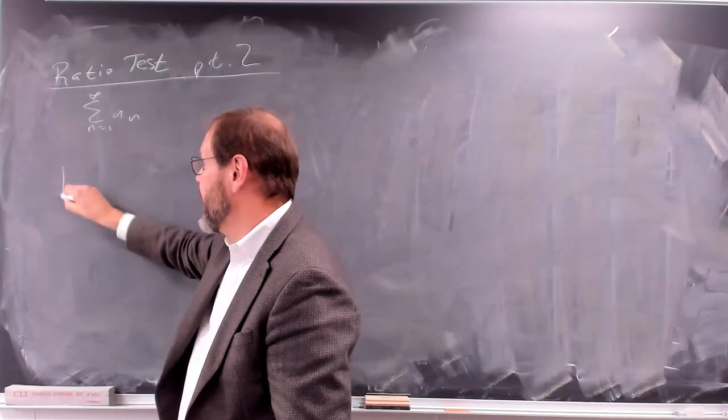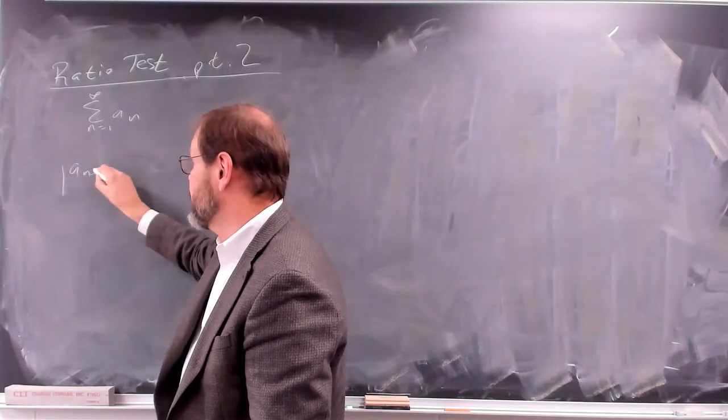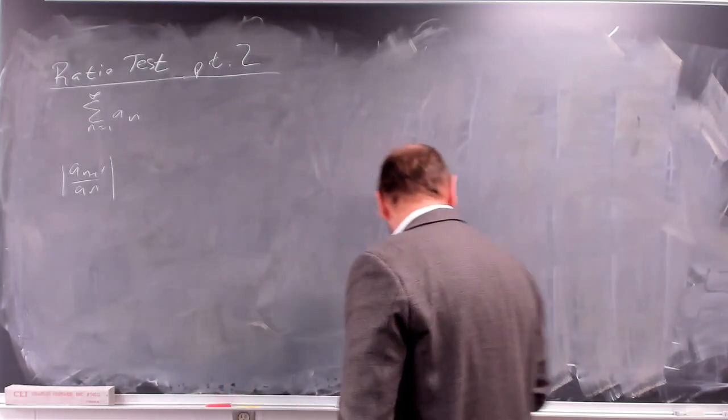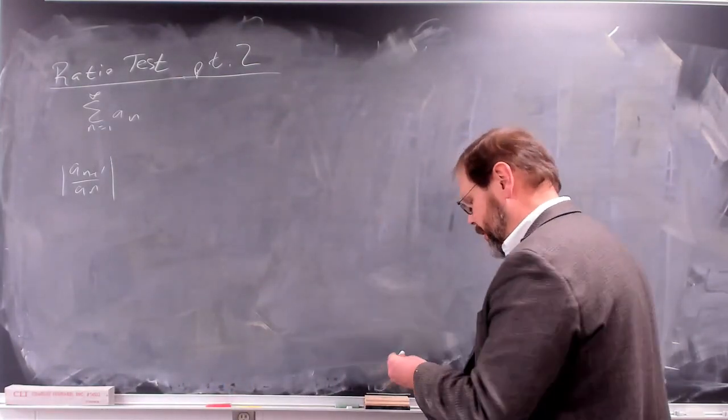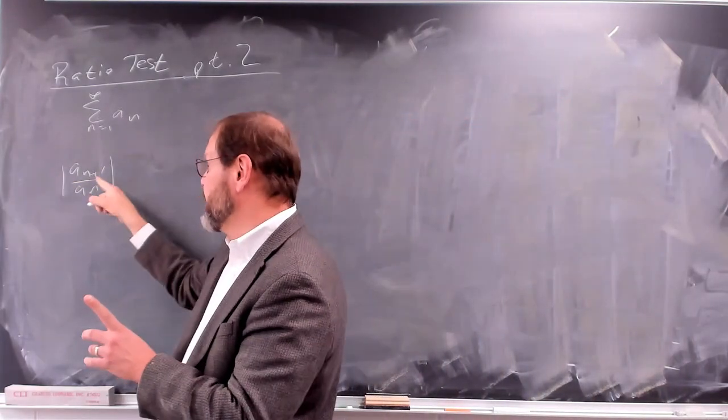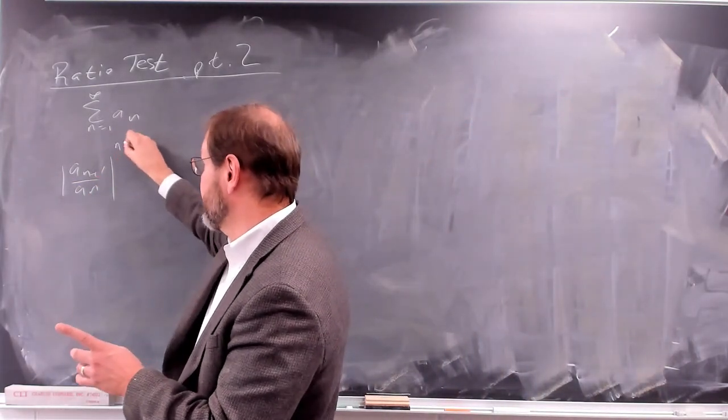And so I could look at a sub n plus 1 over a sub n, over a sub n, right? And look at that limit as n goes to infinity.